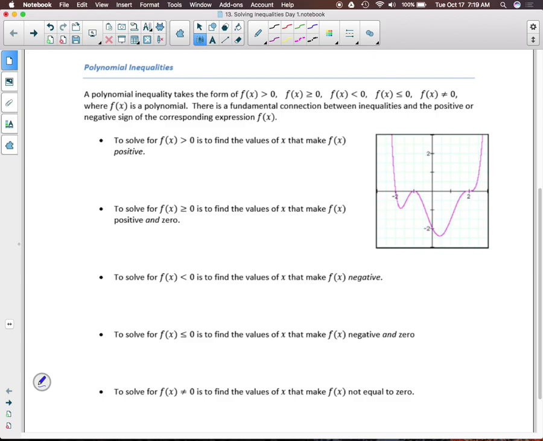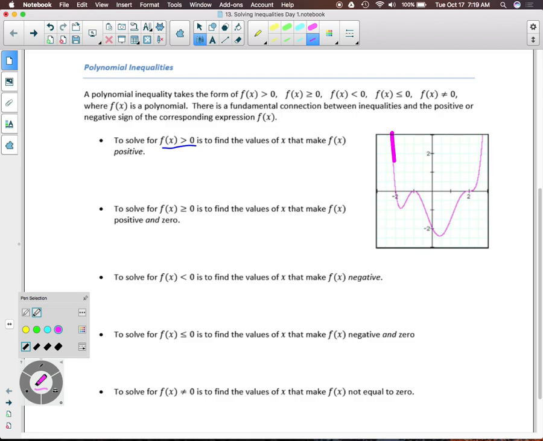So if I'm looking at this first question here, it says, if we want to solve for when f of x is greater than 0, we just have to find all the values that make it positive. So if we're looking at this graph over here, let me switch to a highlighter. That was not the color I thought it was going to be.